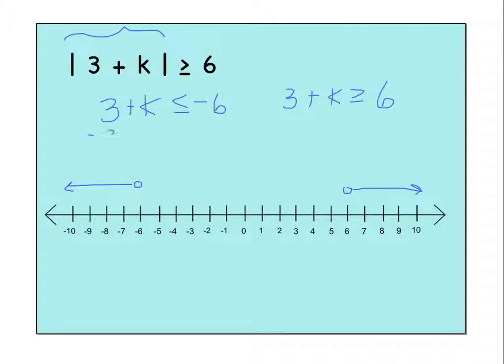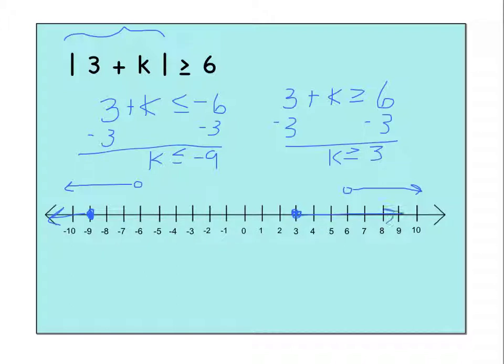So I'm going to go through and solve. In this case, k would have to be less than or equal to negative 9. So I'm going to go to negative 9, fill this in. Less than or equal to goes this way. Subtract 3, and k would be greater than or equal to 3. So I'm going to fill this in. Greater than or equal to is going to shade to the right.